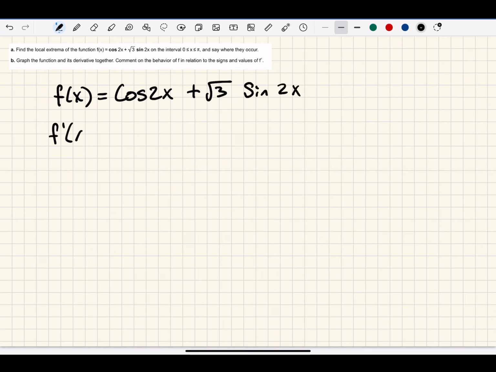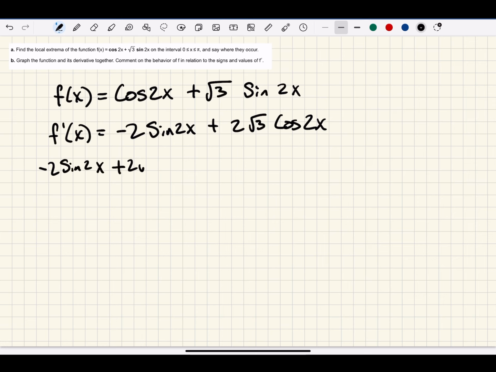The first derivative will be negative 2 sine 2x plus 2 times the square root of 3 cosine 2x. Now we will need to set this equal to 0 to find where the critical points are. So minus 2 sine 2x plus 2 square root of 3 cosine 2x equals 0.